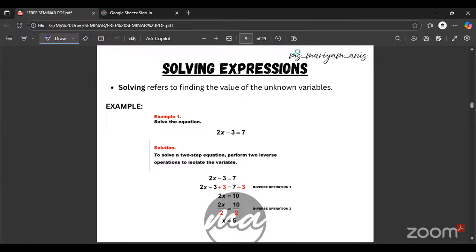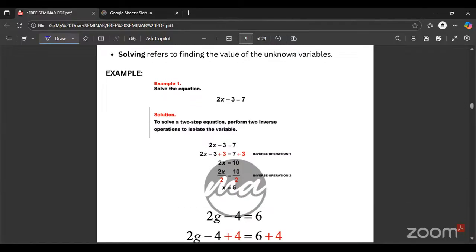You have solving and simplifying, but in solving you find the unknown letter's answer, whereas simplification is a different topic. So example 1, as they have given: solve the question 2x minus 3 is equals to 7. To solve a two-step equation, perform two inverse operations to isolate the variable.